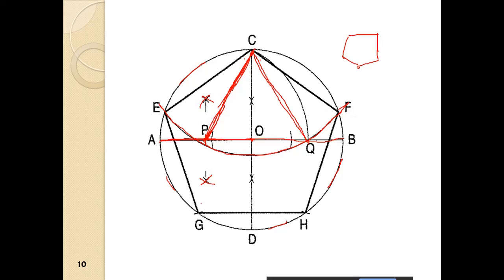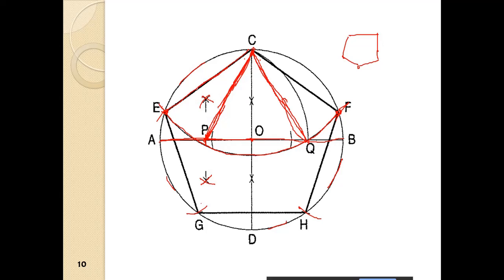So we have obtained the points E and F. Then again with this CQ only, the same diameter, now what we do, we take E as center, cut at G, F as center, cut at H. C is already there, so we join the points.